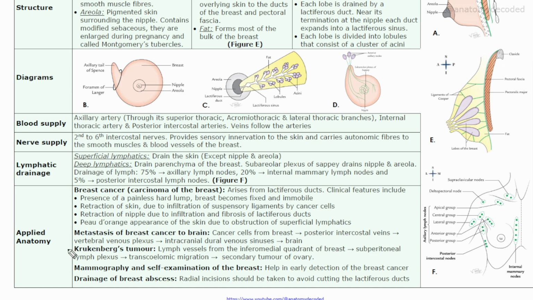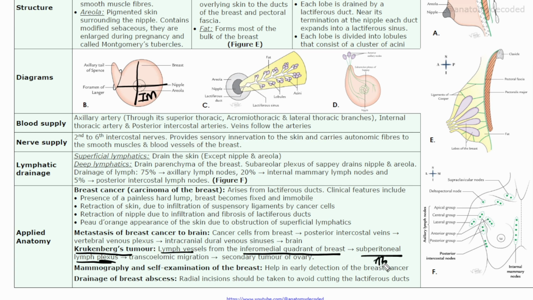Then there's a tumor called Krukenberg's tumor. This spread is occurring through the lymph vessels. Lymph vessels from the inferomedial quadrant of the breast are connected with the subperitoneal lymph plexus. Where is the inferomedial quadrant? If you have to divide the quadrants, this quadrant is referred to as the inferomedial quadrant. From there, the lymph goes to the subperitoneal lymph plexus.